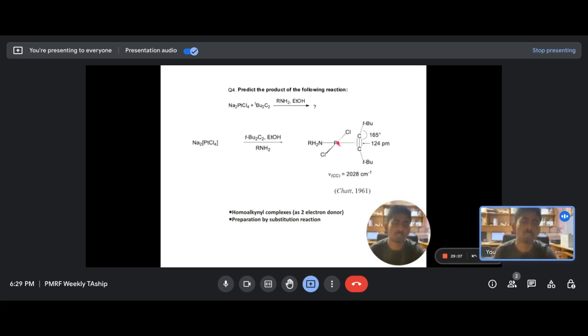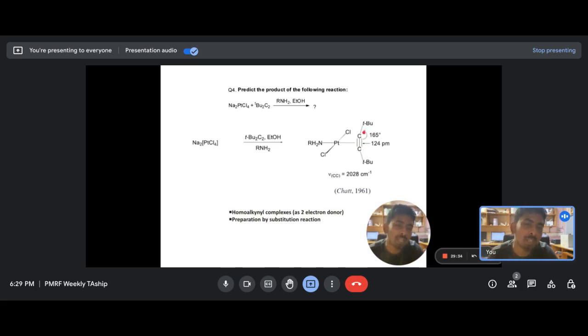So this is platinum 2 because 2 chloride atoms are there. Platinum 2 is a d8 system. Each ligand is a 2 electron donor, so 2 plus 2 plus 2 plus 2 is 8, and platinum is d8, so 8 plus 8 is 16. So this is a 16 electron square planar complex.